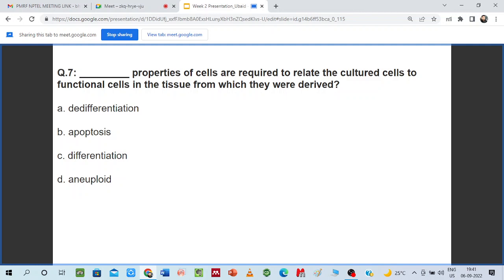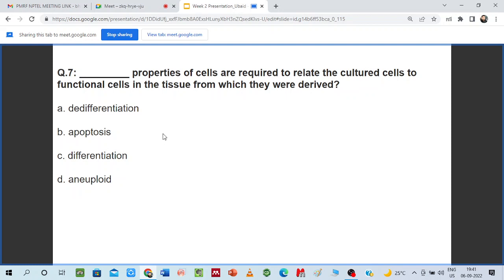In the last session, I explained differentiation, redifferentiation and dedifferentiation. If someone joined that session, they can recapitulate those things. Very few members have given this answer. The answer is C, differentiation.